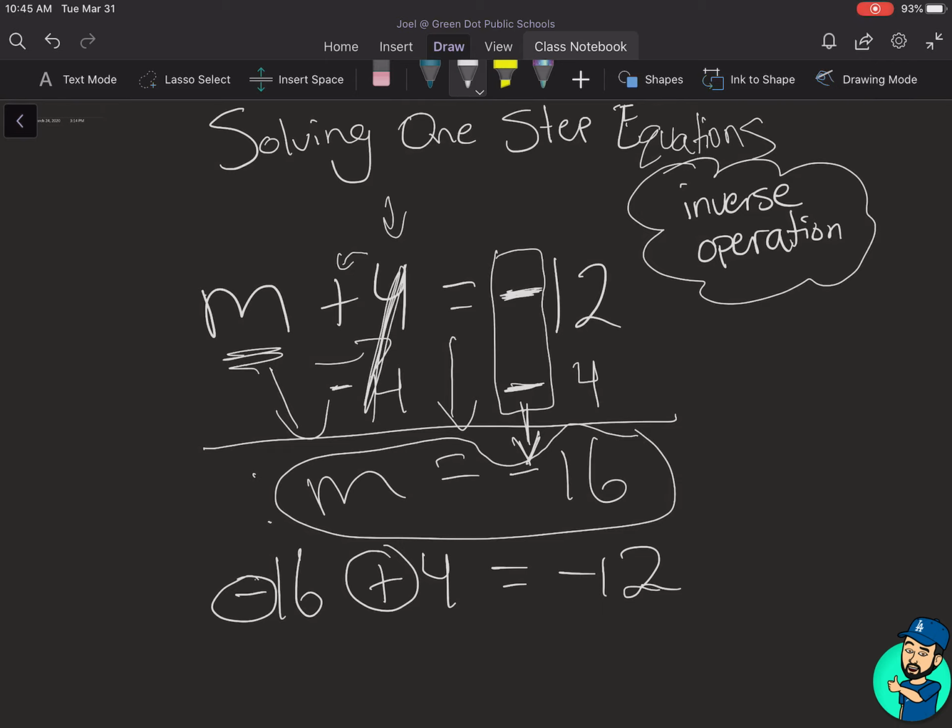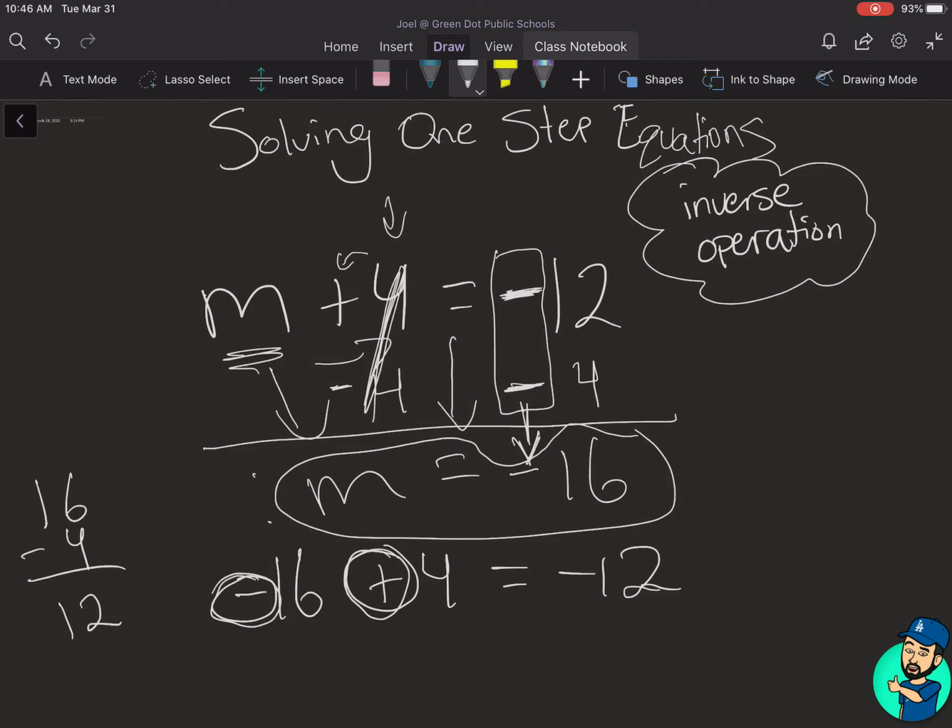Again, different signs, you subtract the numbers, but keep the sign of the larger number. So over here, I'm going to put 16 minus 4. So subtract the numbers. 16 minus 4 equals 12.